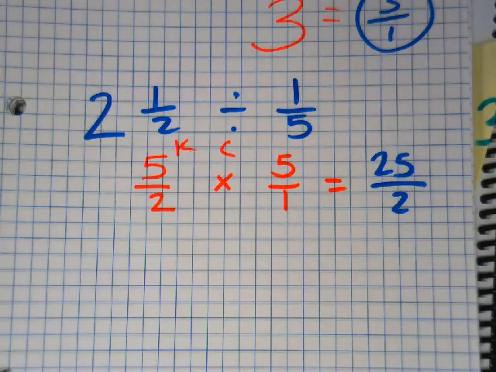Can I divide 2 by 13? What's the only number I can divide 2 by? 2. So then you go, okay, I can divide this by 2. So then you go on the top.